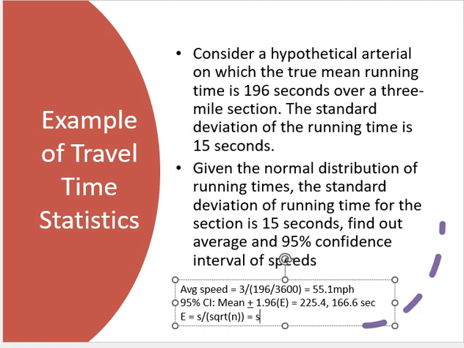Okay, so now using these values I can calculate the 95% confidence interval of speed. Again, distance upon time. Distance remains the same, time, these two values, how much? Just like you calculated the mean, only you will change the time.